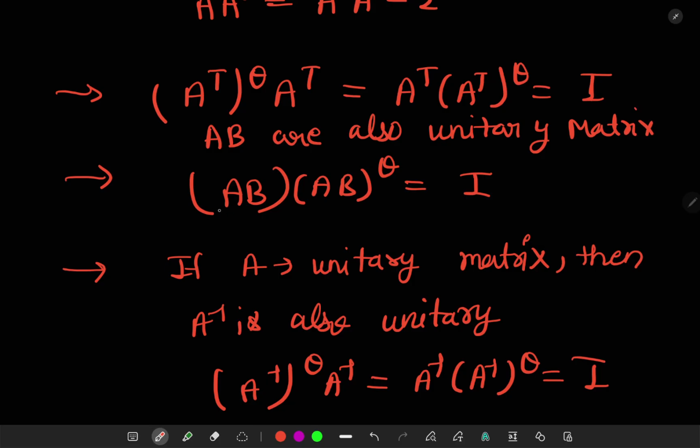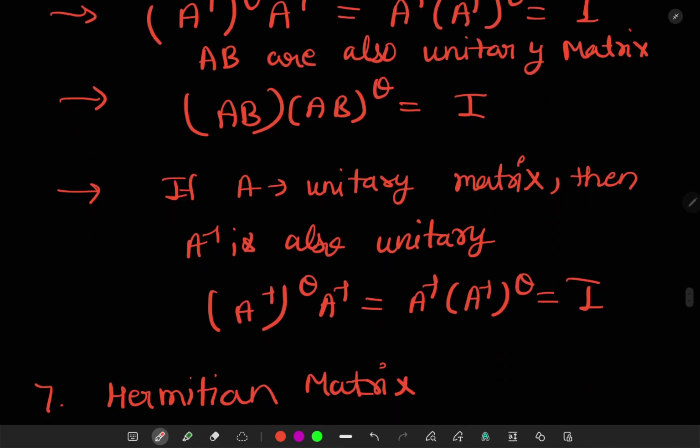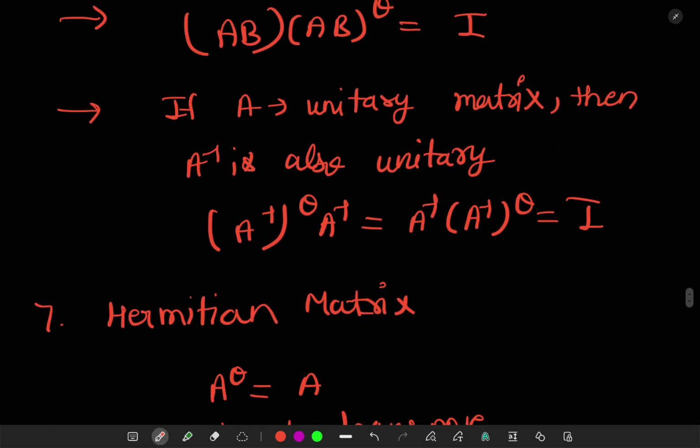So we can write AB into AB dagger is equal to I, the identity matrix. If A is a unitary matrix, then A inverse is also a unitary matrix. So we can write A inverse dagger into A inverse equal to A inverse into A inverse dagger equal to the identity matrix.